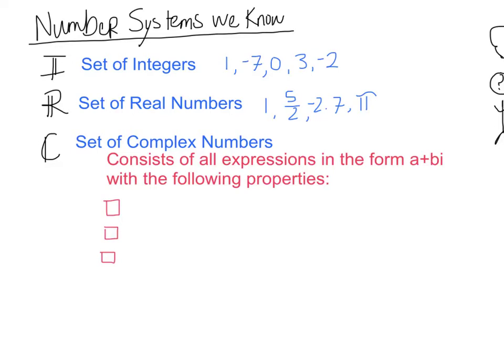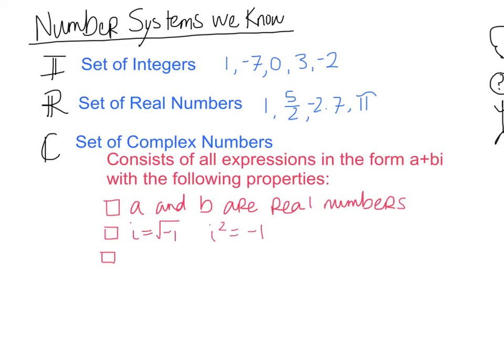So the first property is that a and b are real numbers. A and b have to be real numbers. i represents the square root of -1. And if you think about it, i squared is equal to -1. But we'll talk more about that in a little bit.